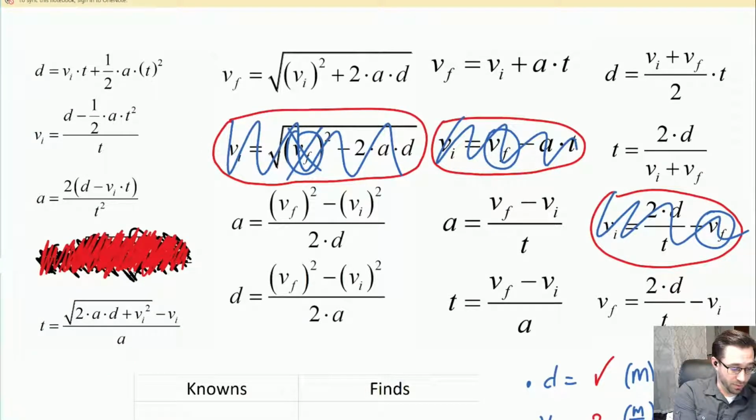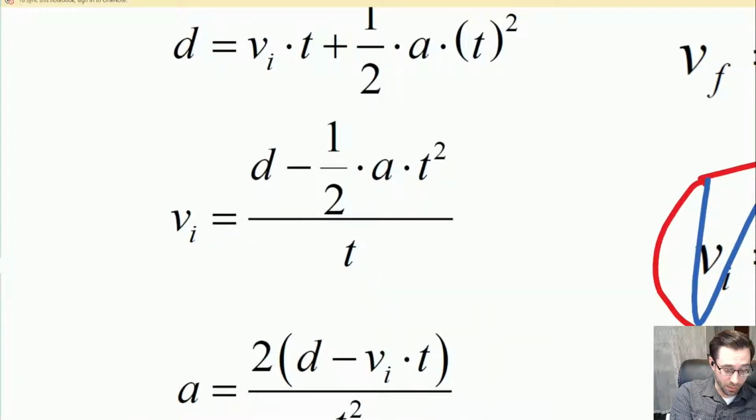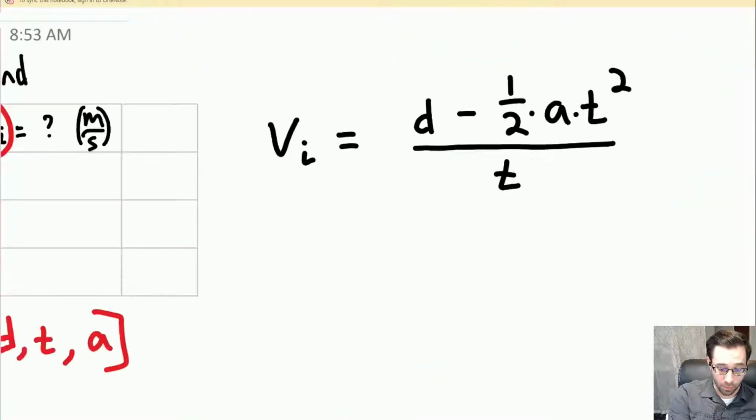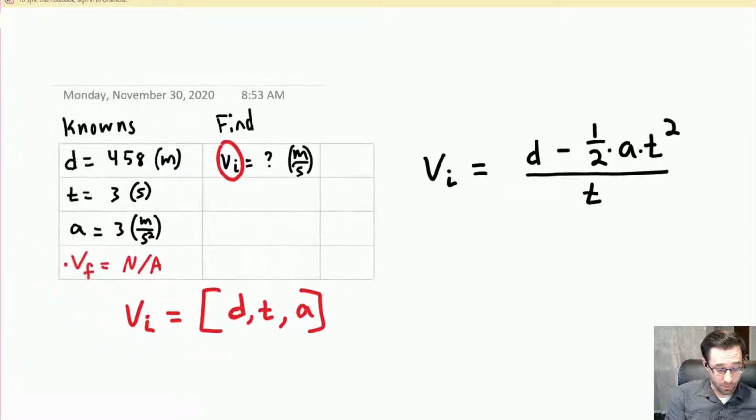So just to verify, my equation is v sub I equals d minus 1/2 times a times t squared over t. I wrote it down right, so I didn't copy anything wrong.